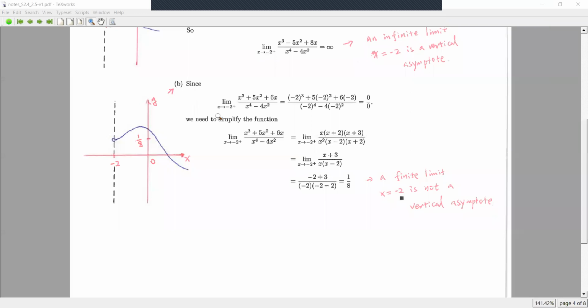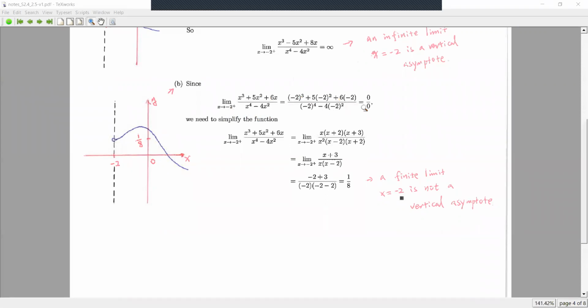Part B. The limit is again a right-hand side limit at a point -2. But the function is slightly different from the function in part A. To find this limit, we use direct substitution. Plug in -2 in x, then the limit is this number.